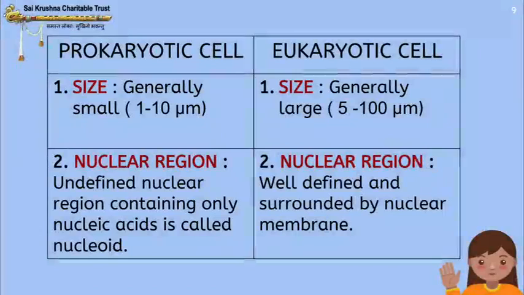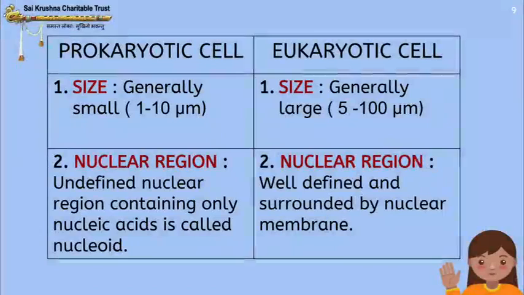The difference between prokaryotic cell and eukaryotic cell on the basis of nuclear region. In prokaryotic cell, the nuclear region is undefined, containing only nucleic acids, and is called nucleoid. Whereas eukaryotic cells have a well-defined nuclear region surrounded by a nuclear membrane.